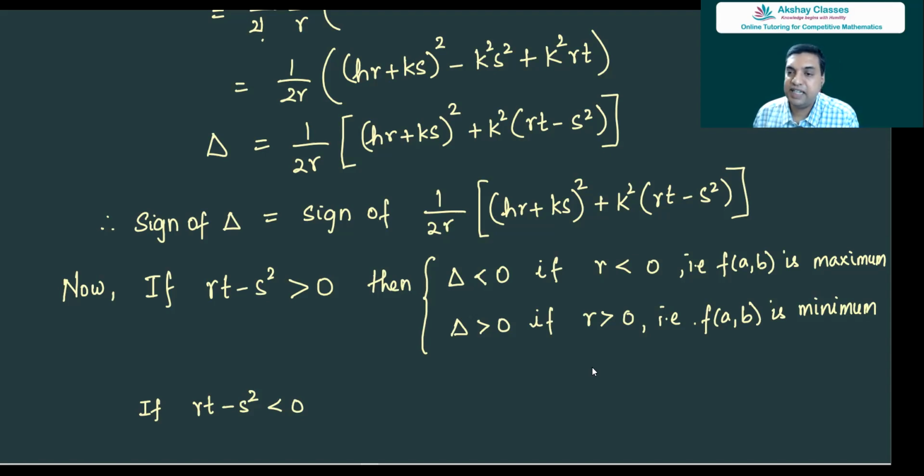Now it depends on h and k. Depending on the combination of h and k, sometimes this term may be greater than this term, or sometimes this term may be lesser than this term. So irrespective of the value of r, the sign of delta will keep fluctuating. So if rt minus s square is less than 0, then delta will change sign.